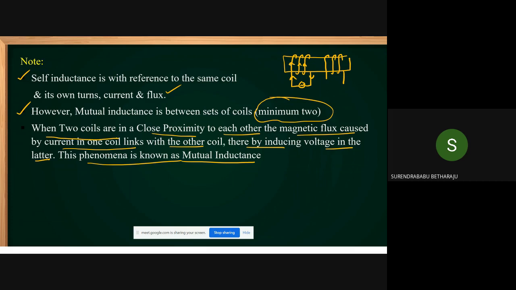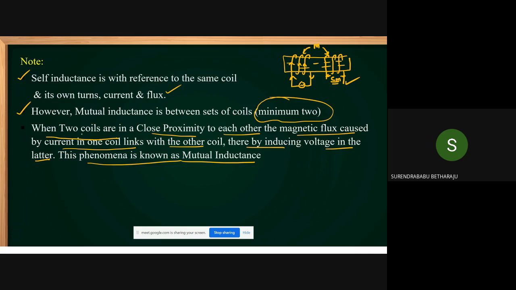Then whatever flux is produced by this coil links with the other coil. Then there is an induced EMF in the other coil. That induced EMF is nothing but a mutual induced EMF. Then between these we can define the mutual inductance.